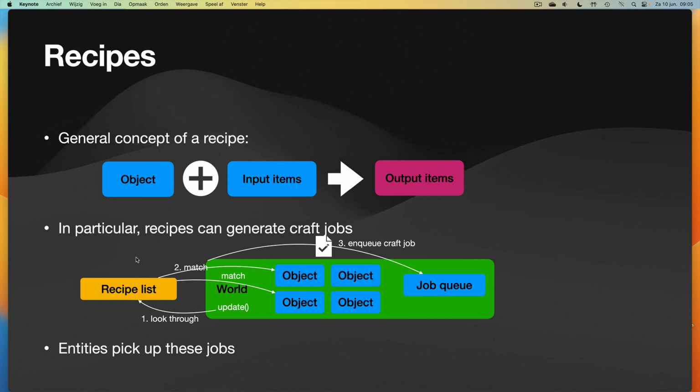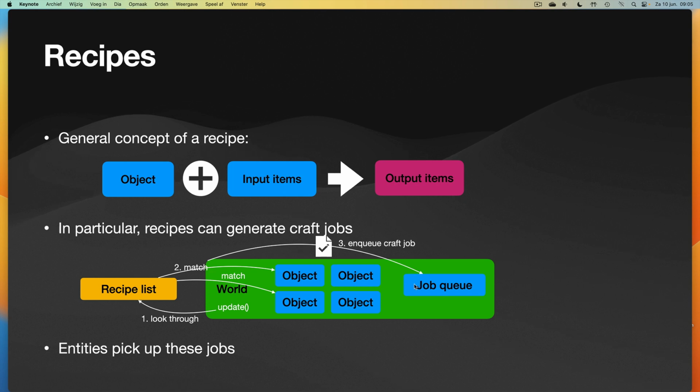The way this will work is that we will have a world that has a list of recipes that it knows of, and it will try and see which recipes could potentially be performed because the required object is in the world. And if it finds one, then it creates a craft job that it adds to the job queue, and then entities can pick up these jobs.